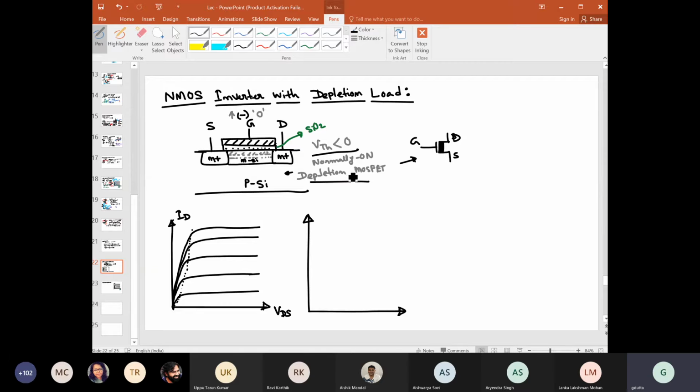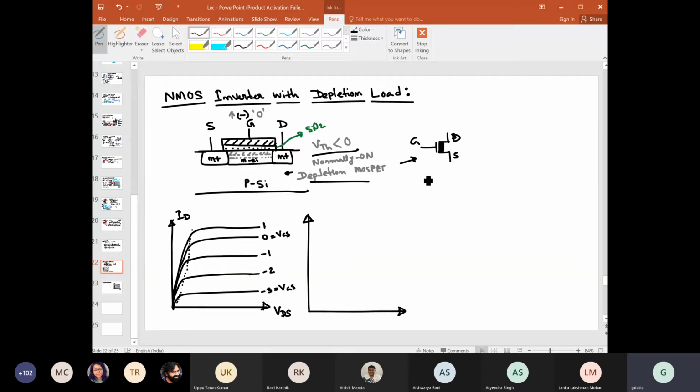So for this depletion mode MOSFET, the threshold voltage is negative, say -4. Then maybe this is -3, -2, -1, 0, and this is +1 volt, right? This is basically VGS.